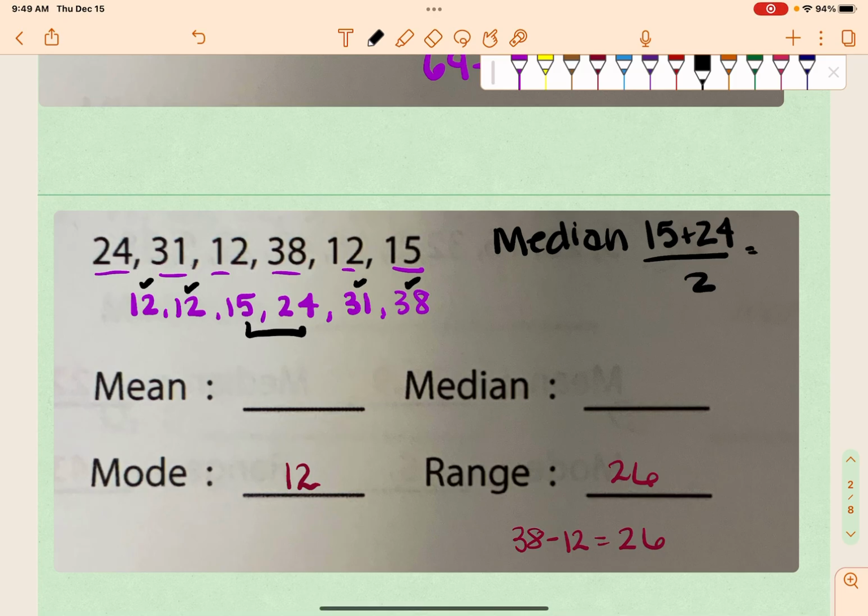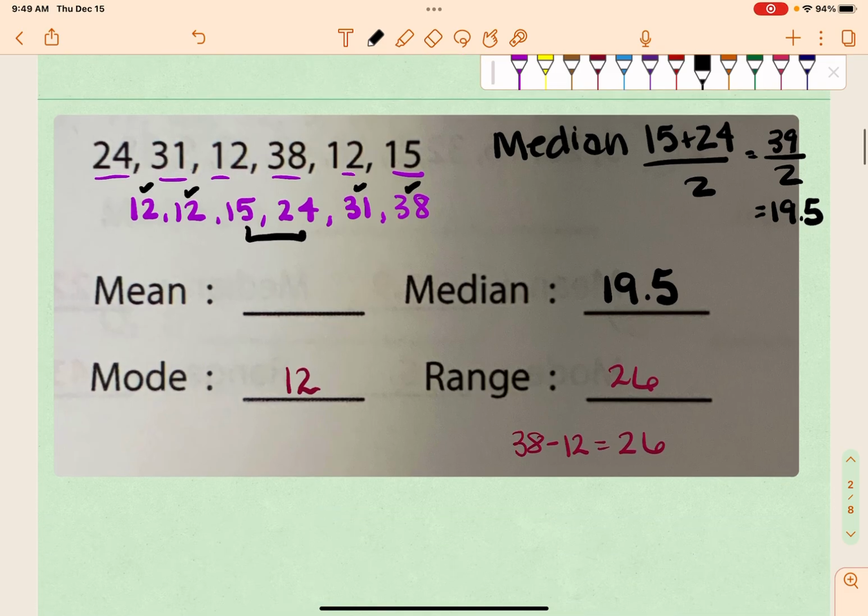So let's see, that's going to be 39 divided by 2. So that's going to be 19.5. That's going to be the median. So if you end up with two numbers that are exactly in the middle, you're just finding the average, or the mean, of those two numbers.